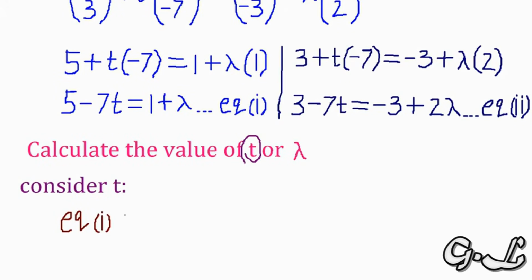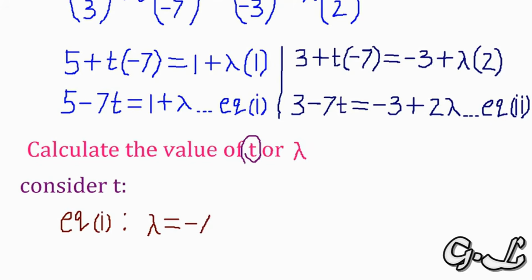The way that we're going to find the value of t is that we're going to first consider the first equation, which is equation number 1. When we consider the first equation, we're going to make lambda the subject. How are we going to make lambda the subject?